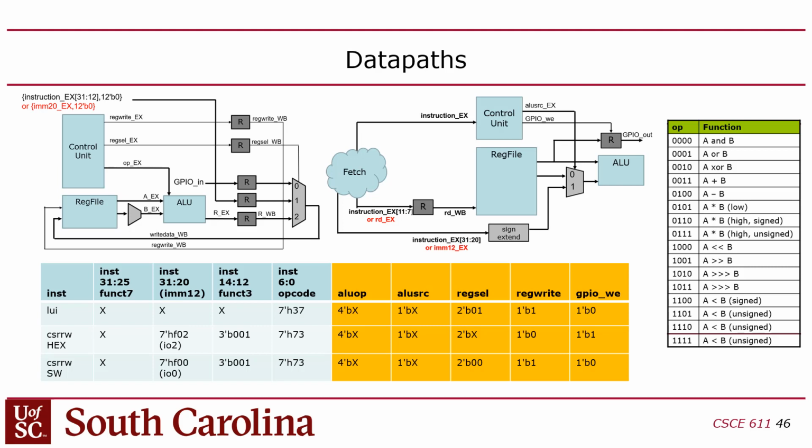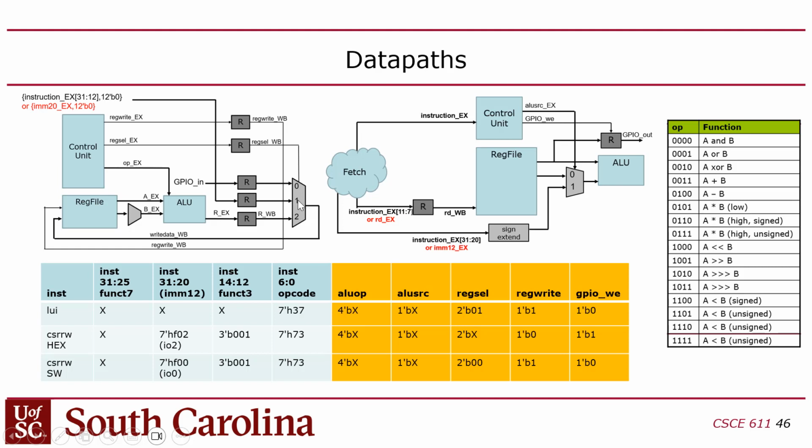Or if you rename that signal using the decoder, you might just call it immediate 20. If you're lazy like me and you didn't do the decoder, then you would just refer to it as the upper 20 bits of the instruction EX. If you put in that decoder, then you would have renamed it immediate 20 EX. You'd have a little special name for that. So for the LUI, the reg select should be 1.